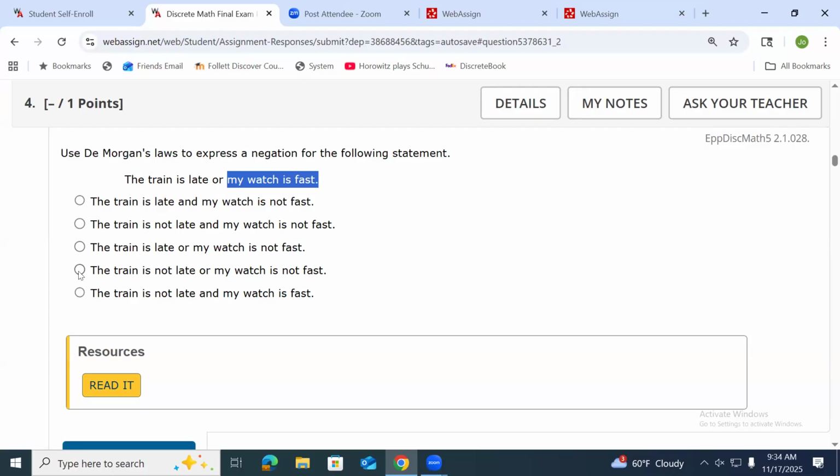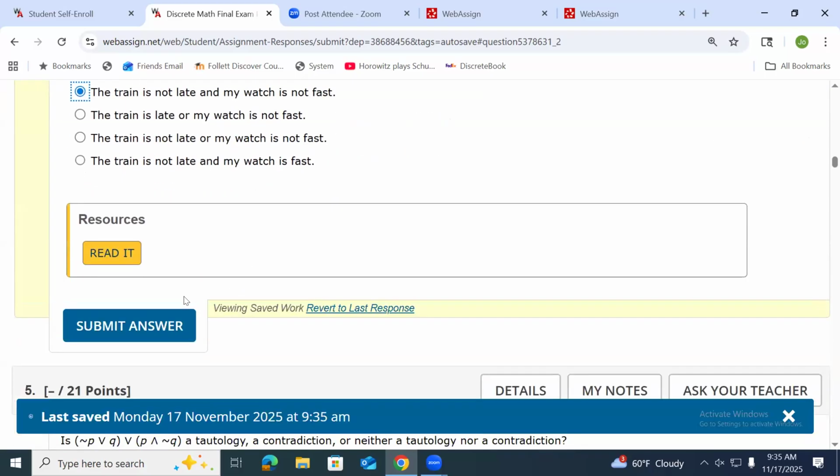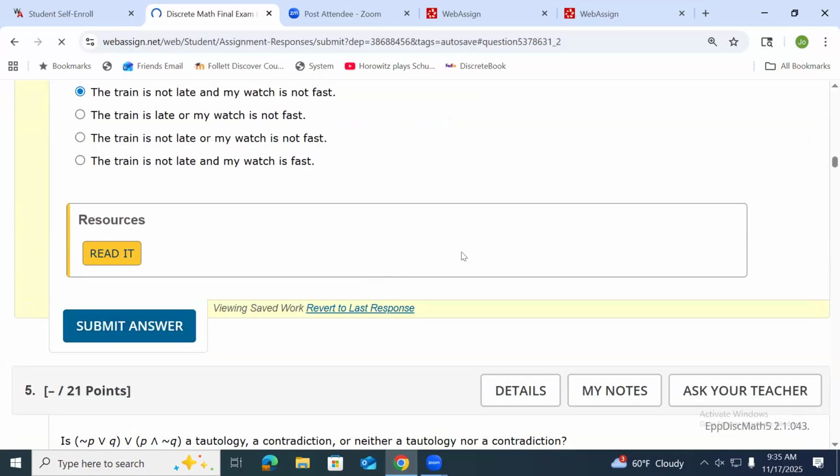So it'd be the train is not late and my watch is not fast. So the negation of A or B is not A and not B. So it's the train is not late and my watch is not fast. So there's that.